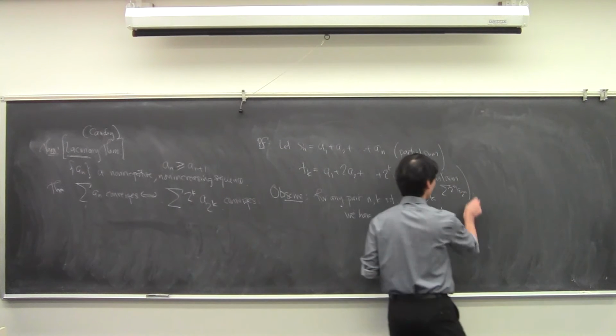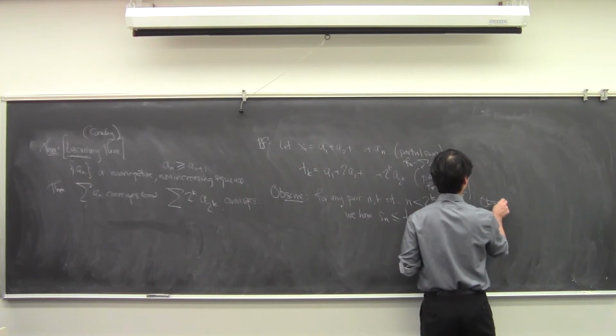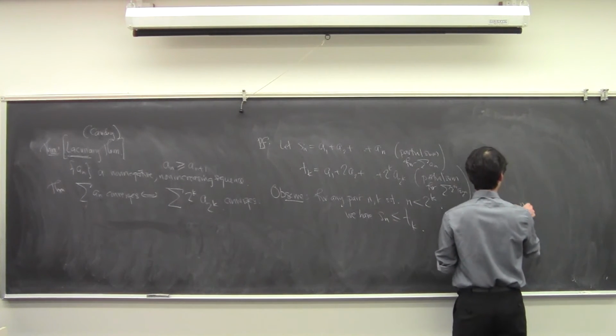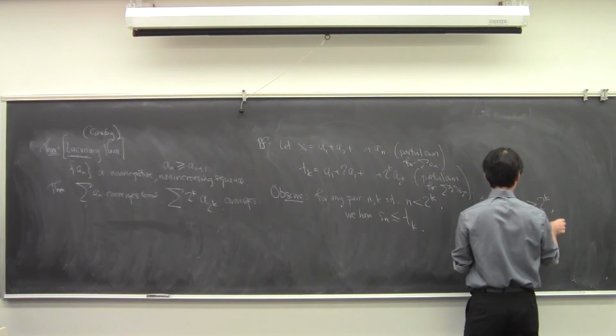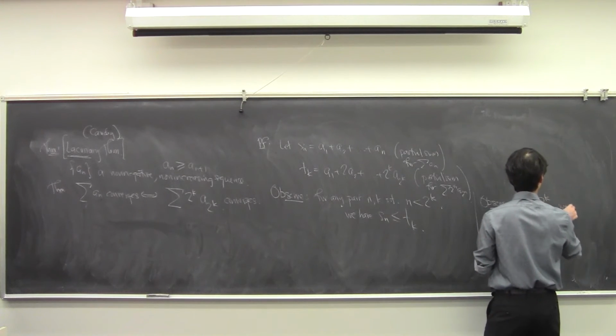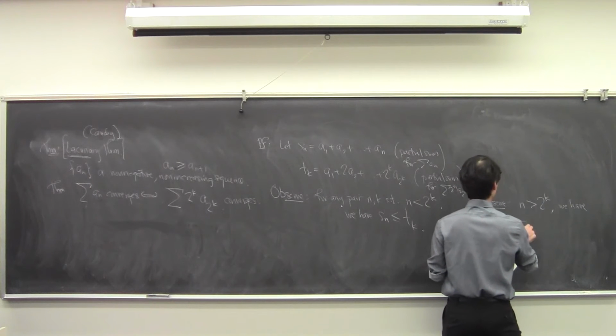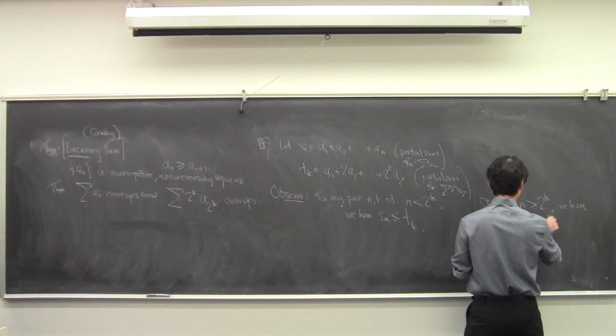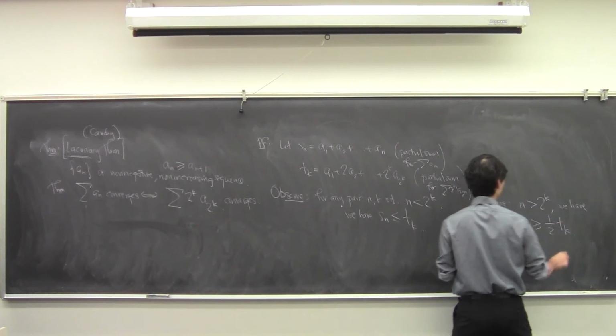And conversely, we'll observe that whenever n is bigger than 2 to the k, we have S of n is bigger than or equal to 1/2 T sub k.